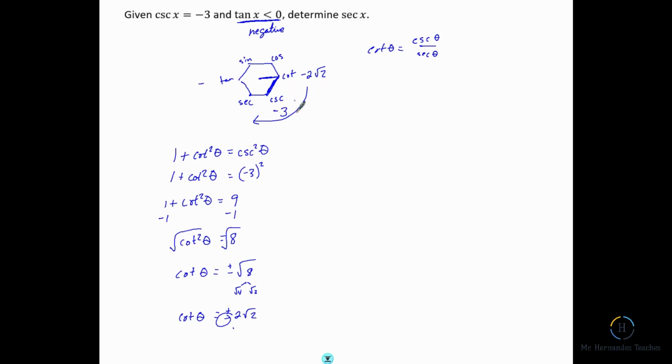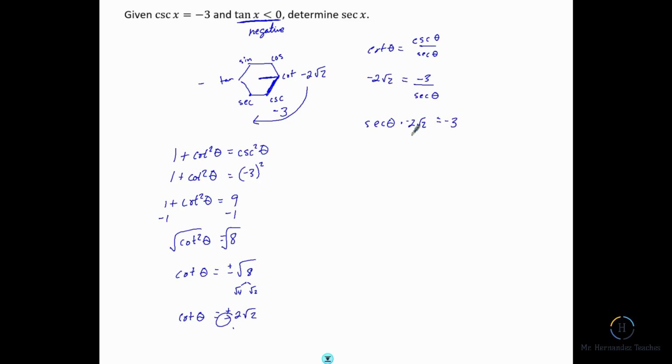There are probably other ways we could go about this, but this is the first one that's popping into my head. Let's make the substitutions that we know. Cotangent is negative 2 square root of 2, and cosecant is negative 3 divided by secant theta. If I need to solve for secant, let's multiply by secant theta, and we have secant theta times negative 2 square root of 2 is equal to negative 3.